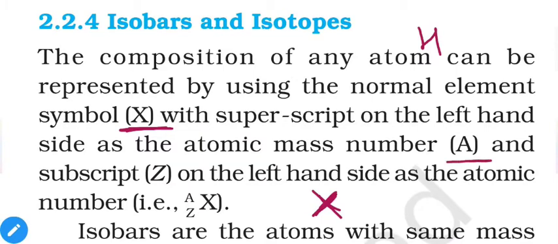The mass number of the element is A. So A will be placed as a superscript on the left-hand side. Superscript means a small value placed on the upper line. Then the subscript will be Z, that means a small number or symbol placed at the bottom side. Okay, so this will be the representation of our atom.